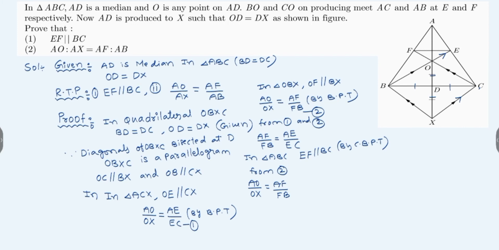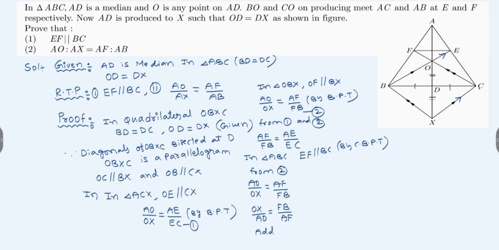Invertendo means we will take both the sides inverses. That is OX by OA is equal to FB by AF. Why we have to write like this? Because in the required proof, we want AO and AF in the denominator.